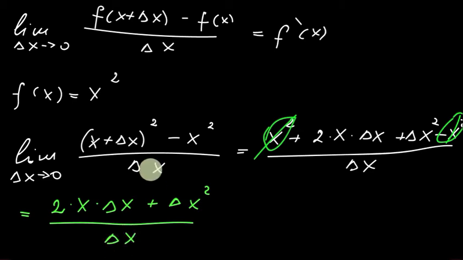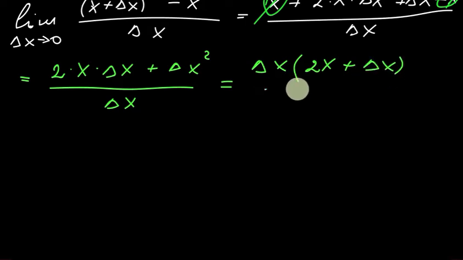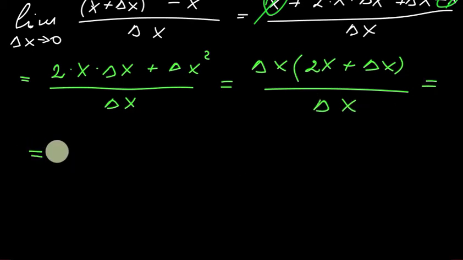Now it's not so obvious as in our previous example, so we need to take delta x out of the brackets, and we get delta x times 2x plus delta x, divided by delta x, and this is equal to 2x plus delta x.